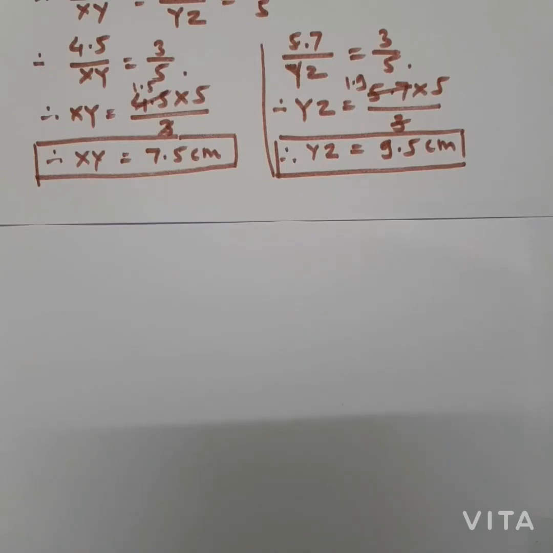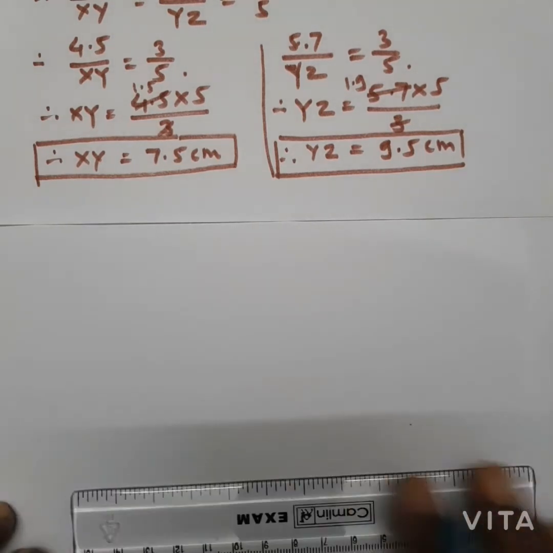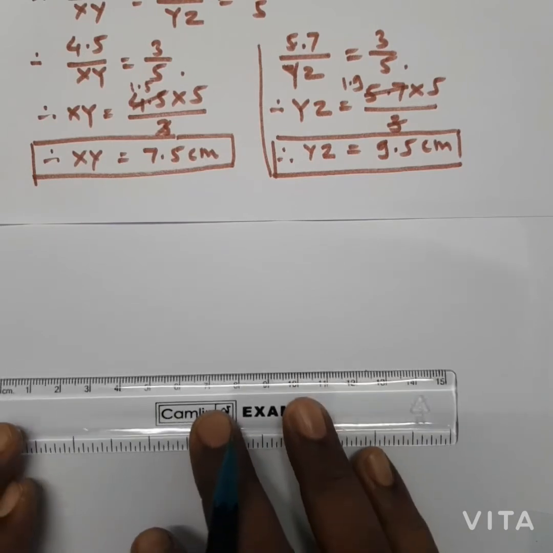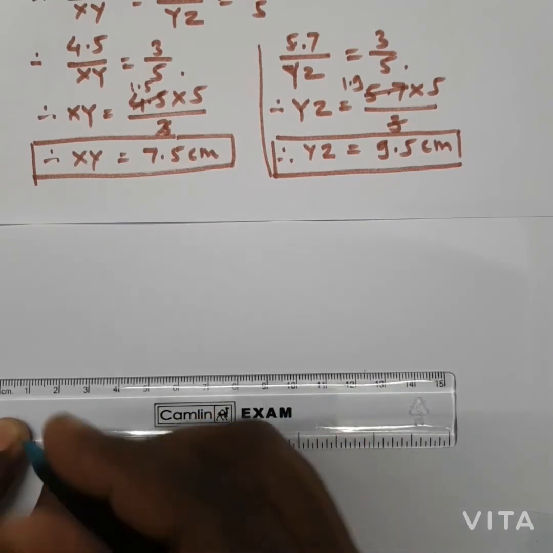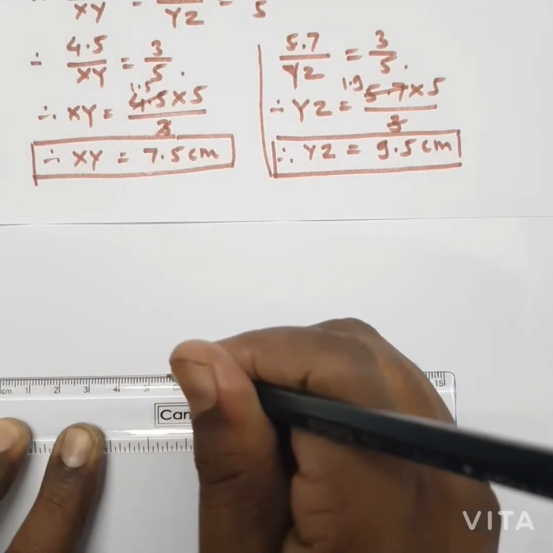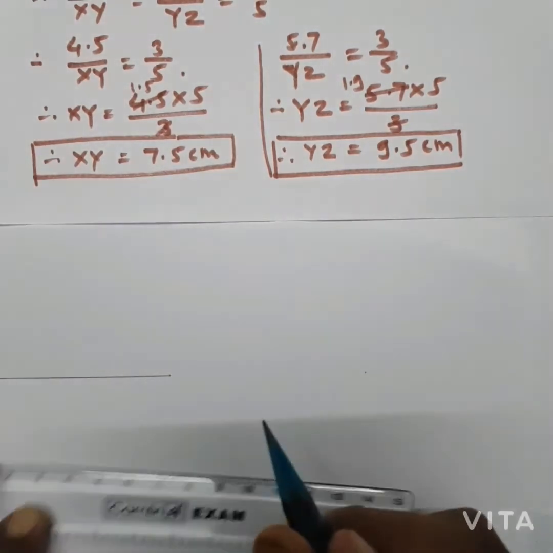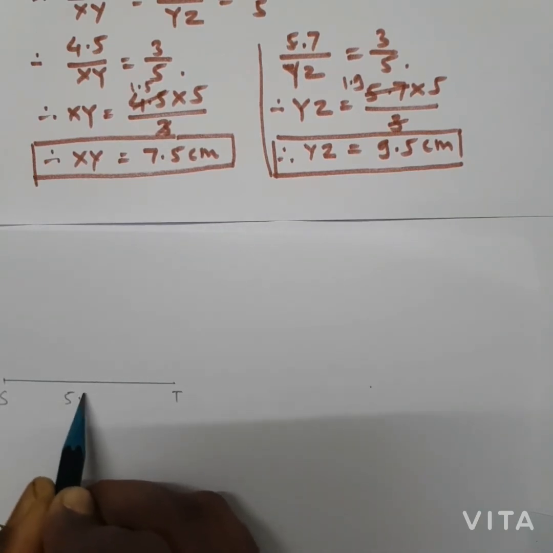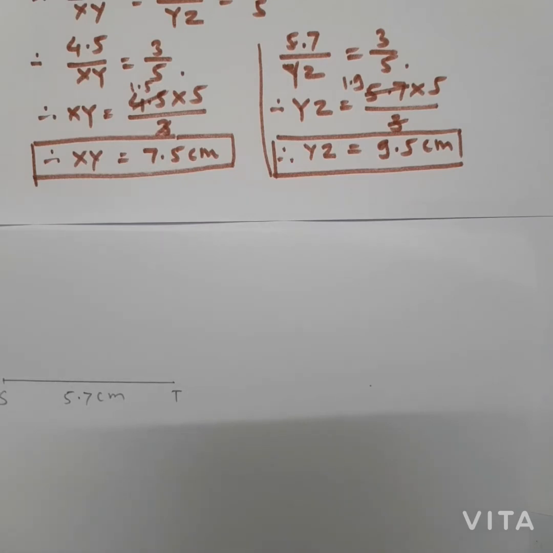For triangle RST, we will first draw ST. The length of side ST is given as 5.7 centimeter. Then angle S is given as 40 degree.